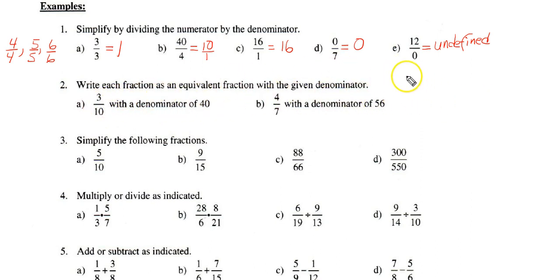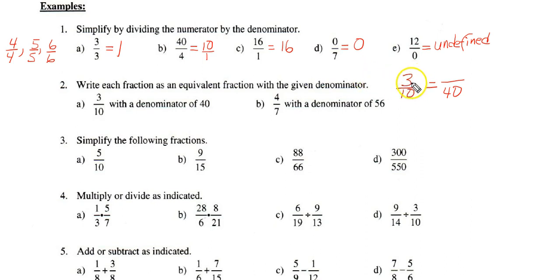Here we have the fraction 3/10 and we want to make it into a fraction that has a denominator of 40. Now, one of the rules is we could multiply anything by 1 and not change its value. 1 times anything is just itself.